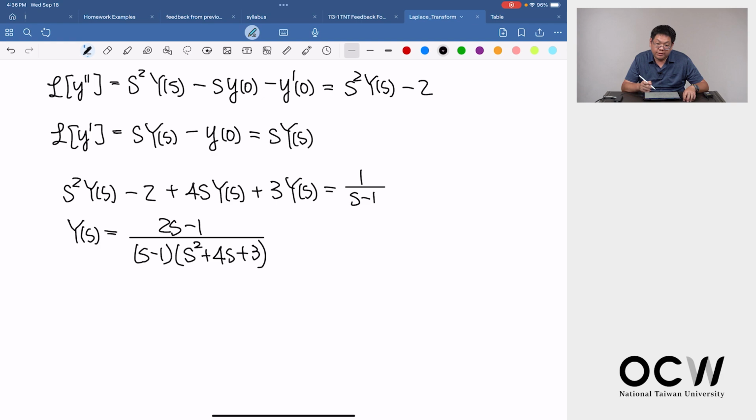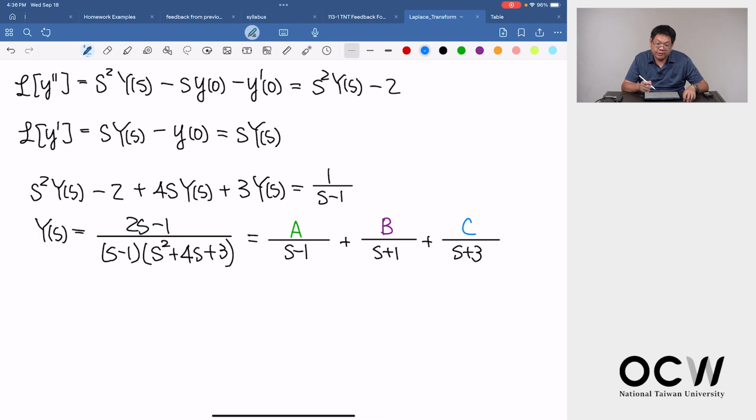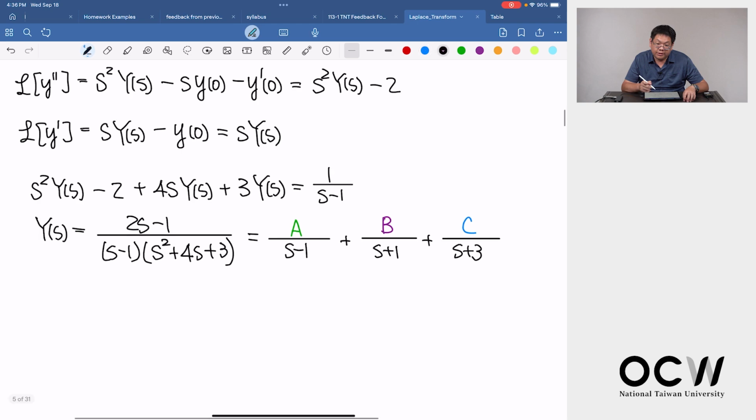So here, for the partial fraction decomposition, we have s minus 1, s plus 1, and s plus 3, with coefficients A, B, and C. Okay, you can compare the coefficients in the numerator.